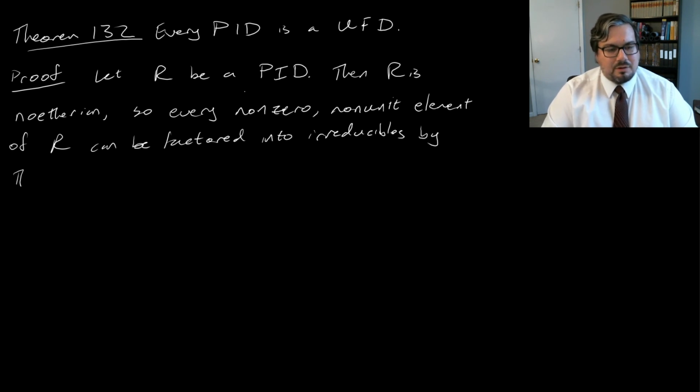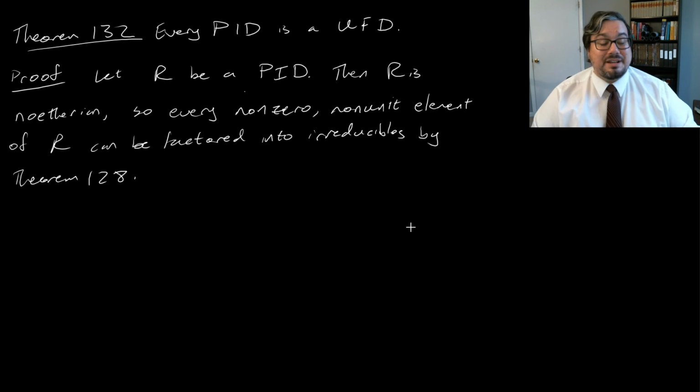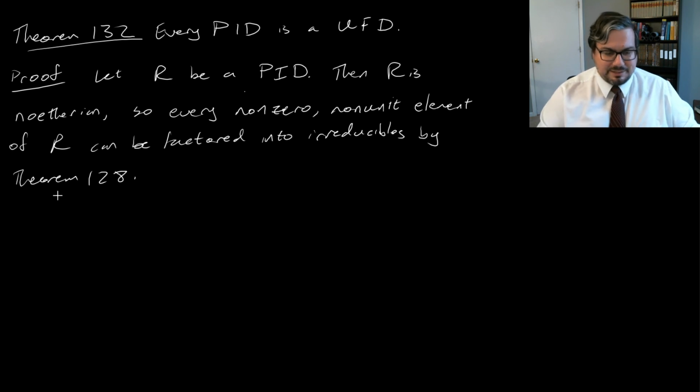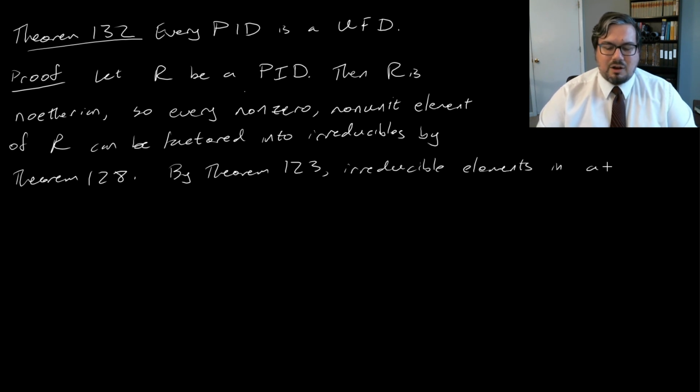By Theorem 128. So Theorem 128 says that if you're in a Noetherian ring, then every element can be factored into irreducibles, but not necessarily uniquely. But by Theorem 123, irreducible elements in a PID are prime.